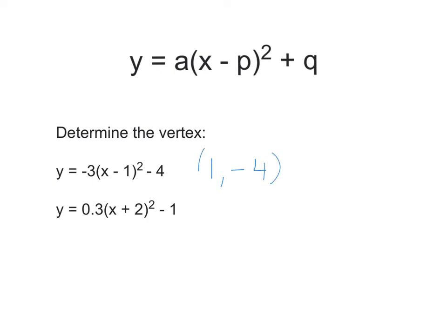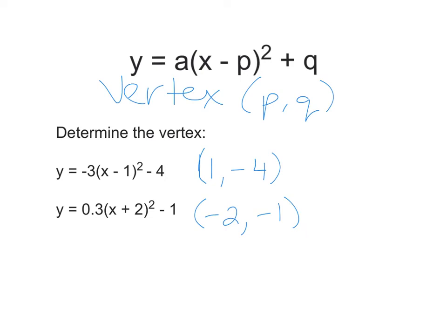So the kind of trick with the vertex is it's the p and q value, but you have to switch the sign of whatever's after the x. The vertex is at p and q. Switch the sign of whatever's after the x.